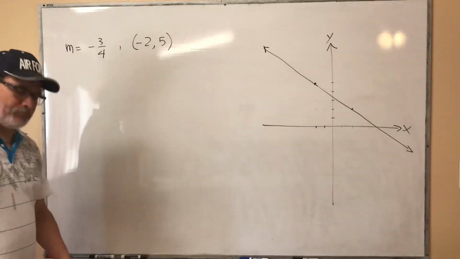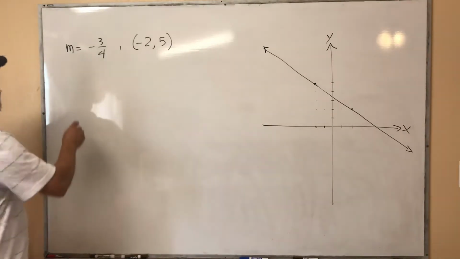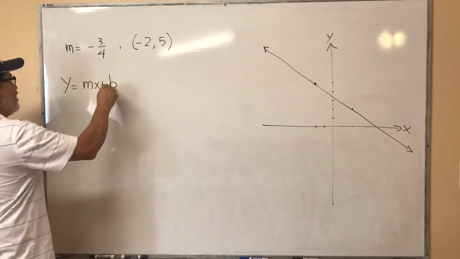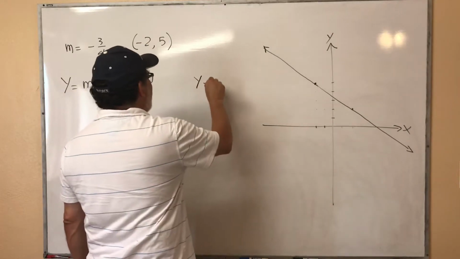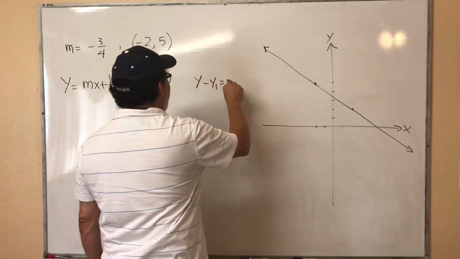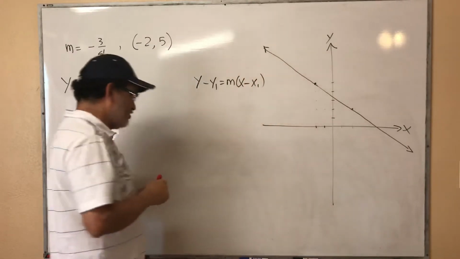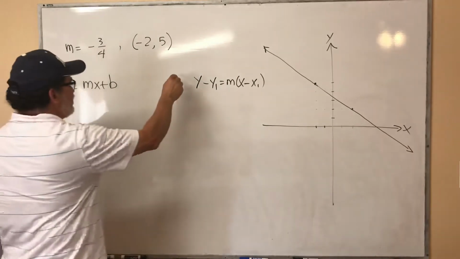You can use this formula, y equals mx plus b, or you can use this formula, y minus y1 equals m times x minus x1. This is method number 1, and this is method number 2.